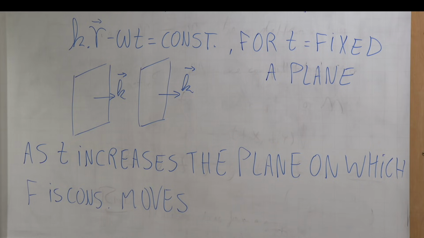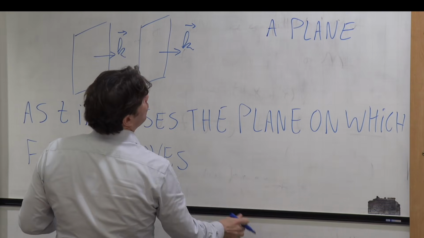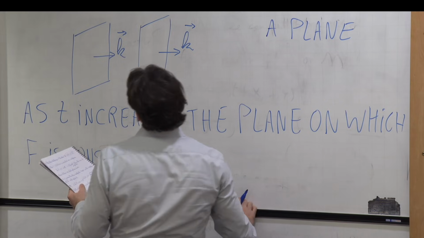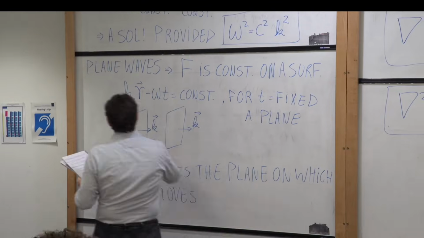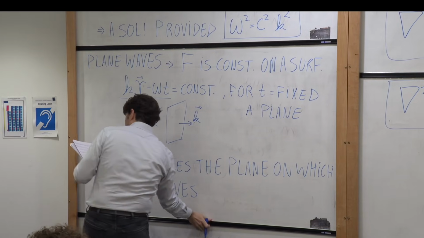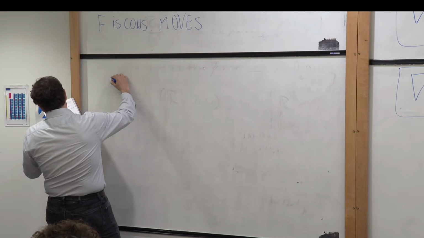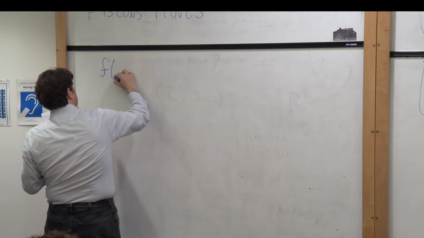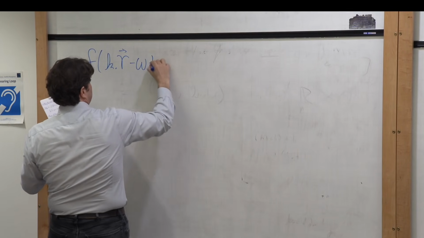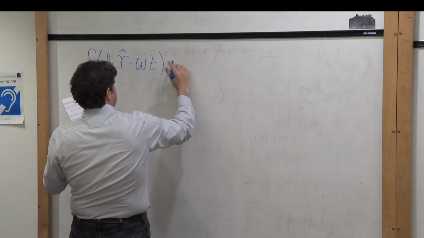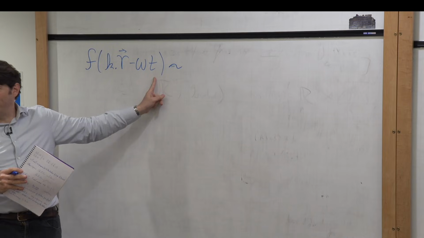Super. There is an even more cool way to see this, and now it should be super explicit. There is a specific kind of solution, a function of k dot r minus omega t, in which we choose f of k dot r minus omega t equal to a sine or a cosine of k dot r minus omega t.